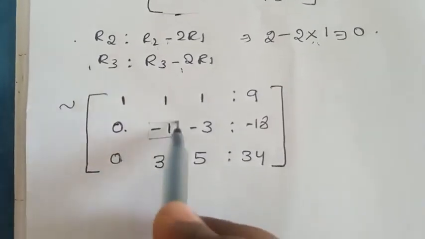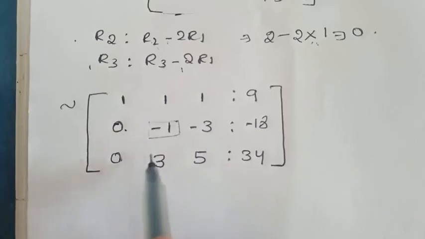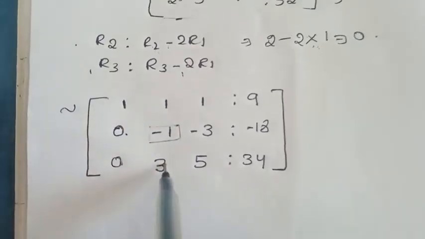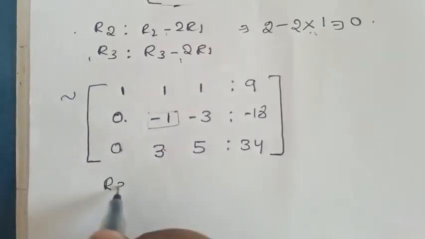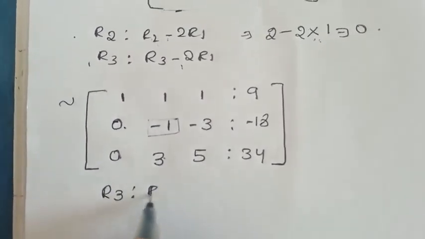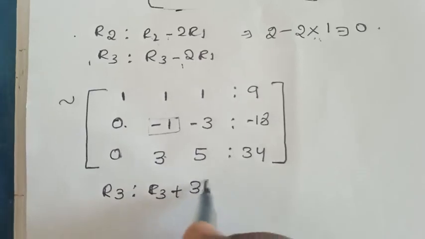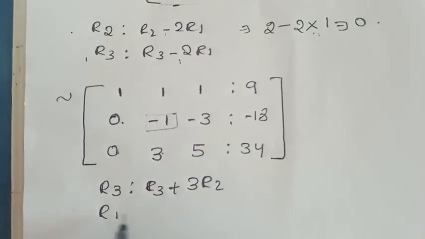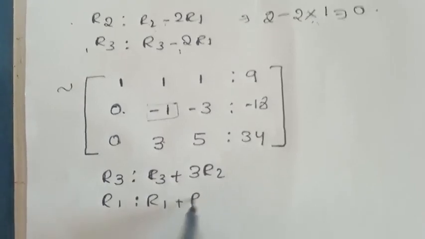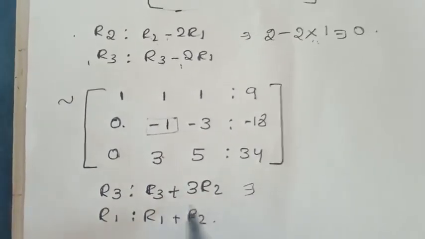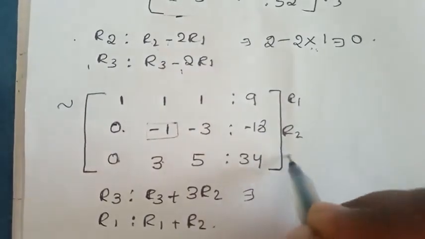So next, this is our pivot element. So we have to make this and this 0. For this, we have some row operations like R3 tends to R3 plus 3R2 and R1 tends to R1 plus R2. See here, this is our R1, R2 and R3.